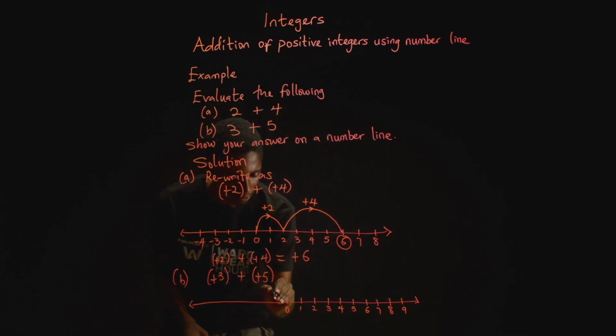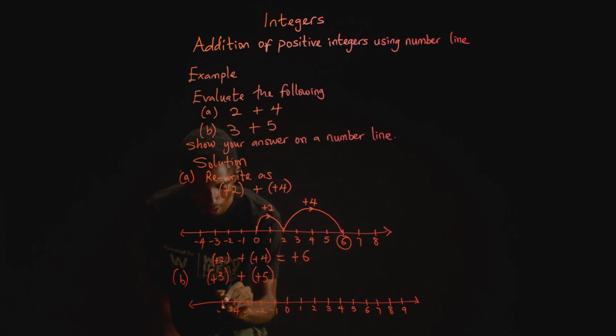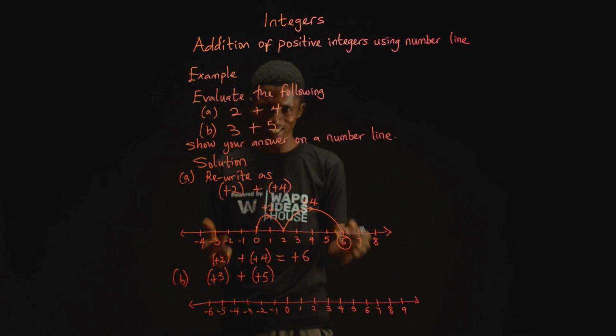And to the left, minus 1, minus 2, minus 3, minus 4, minus 5, minus 6. And then you start from the neutral integer.